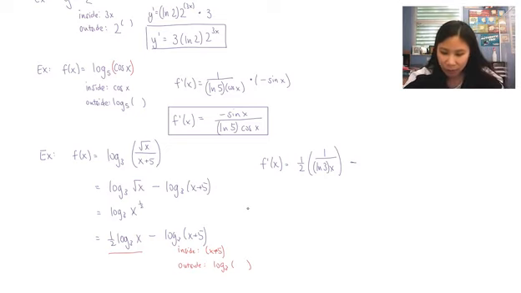So the derivative of the outside is going to be that 1 over natural log of 3 times the stuff instead of x, which was x plus 5. And then that gets multiplied by the derivative of the inside, where the inside was x plus 5, so the derivative is just 1. Not bad. So let me just simplify this a little bit and write it nicer.